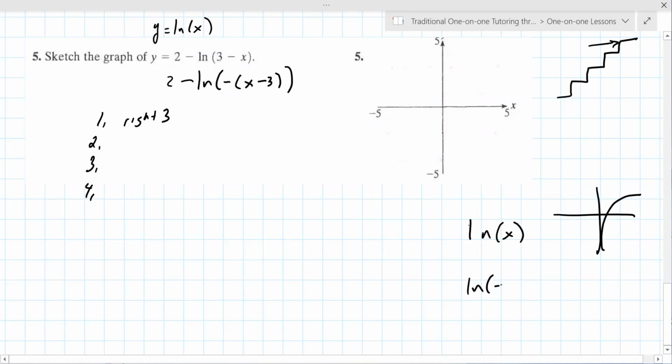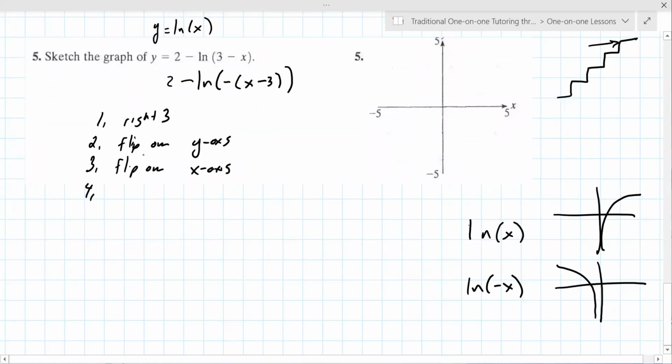And then you got to know, well, negative x means that it flips over this axis here. So it's a flip over the y-axis. And then this negative out in front, that's a flip over the x-axis. And then this 2 is up 2. So it's a vertical shift of 2 units up.